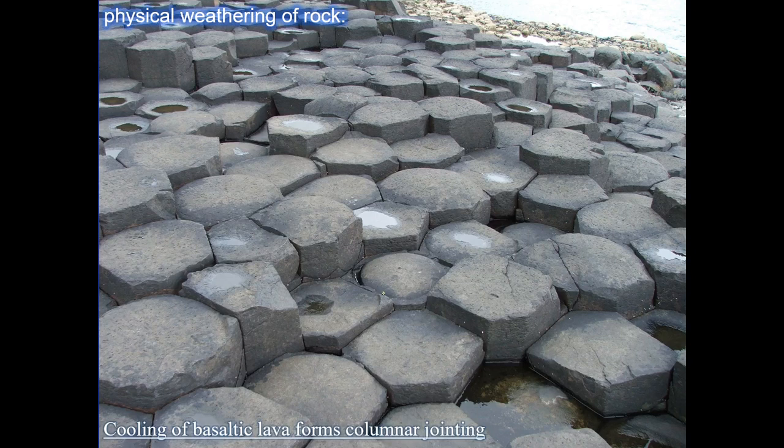You find this kind of texture all over the world. These are called columnar joints, and they form when a pool of basalt cools and contracts, and it forms these joints that look all the world like somebody made this, right? It looks like somebody carved out these little hexagonal pieces, but they didn't. This is 100% natural. It's called columnar jointing.